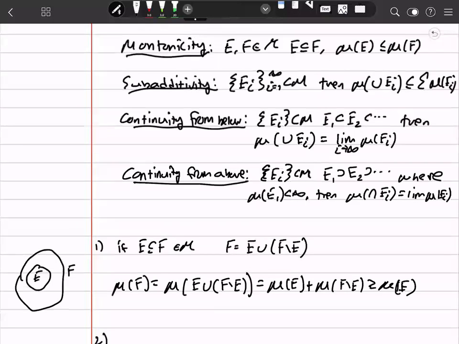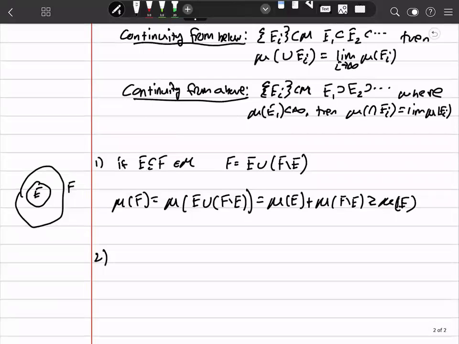Now for 2, we want to prove subadditivity. We're going to have a sequence E sub i in M. Now, this is just any old sequence. What we will define is a new sequence. We'll have F1 is equal to E1. F2 is going to be equal to E2 minus E1.